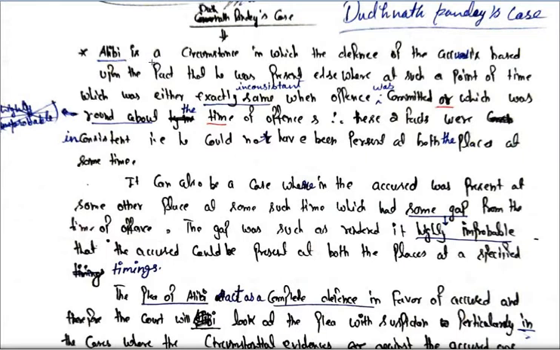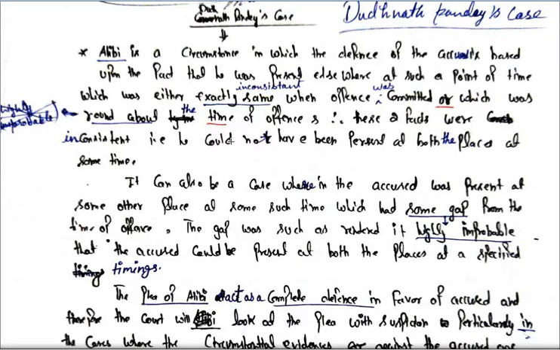Alibi is a circumstance in which the defense of the accused is based upon the fact that he was present elsewhere at such a point of time, which was either exactly the same when the offense was committed or which was round about the time of the offense, and therefore these two facts were inconsistent.